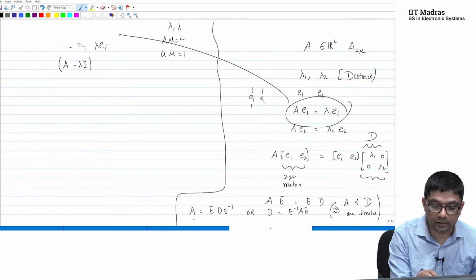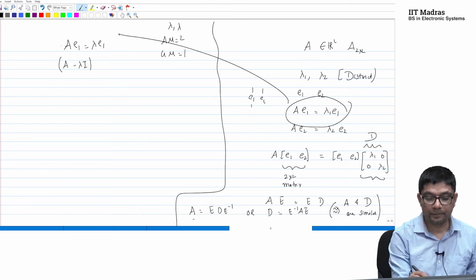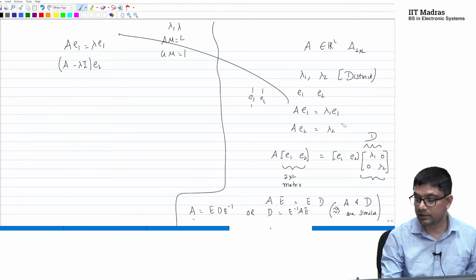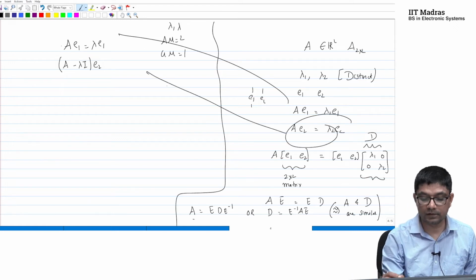Sorry, I just made a slip, so this should be A times E1 is lambda times E1. Second, so this will change now to the expression for the generalized eigenvector.